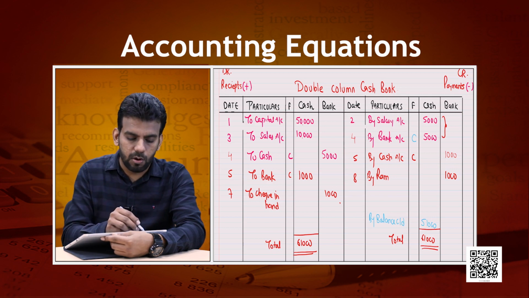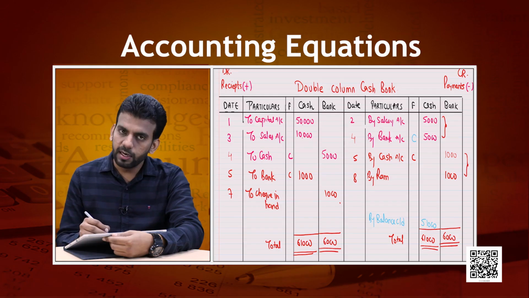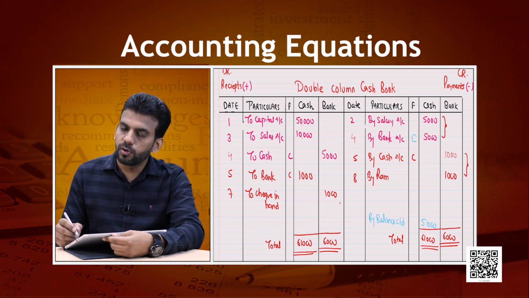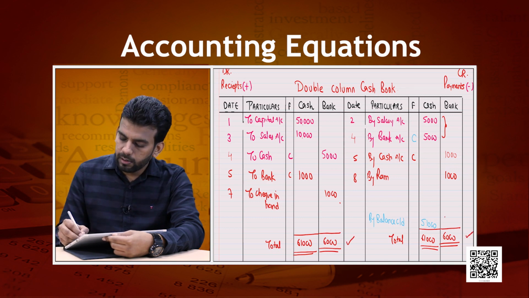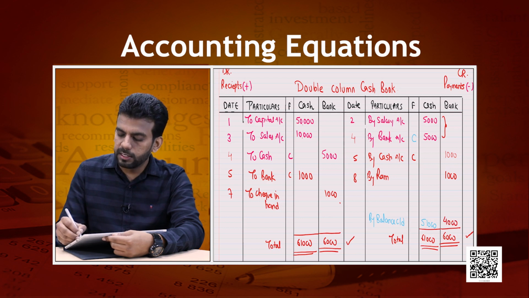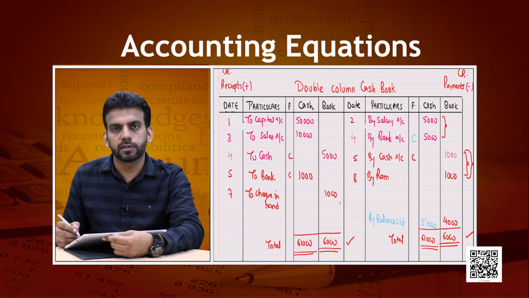Clear? Now let's talk about bank column. The dominating total of bank column of receipt and payment side is 6,000, which is on the debit side, and according to our rules we are going to record it on both the sides, 6,000, 6,000, and the balance is 4,000. 6,000 minus this 2,000.